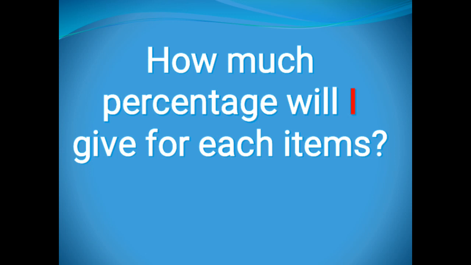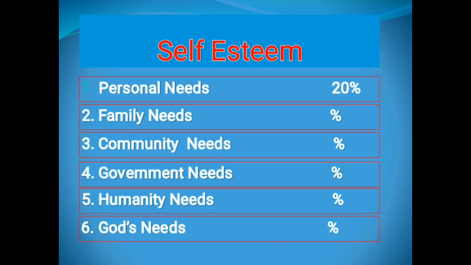So how much percentage will I give for each item? That is really a challenge for me. Let's see. For my personal need, I give 20%. For my family need, I'll give another 20%. For community need, I'm using my present situation.